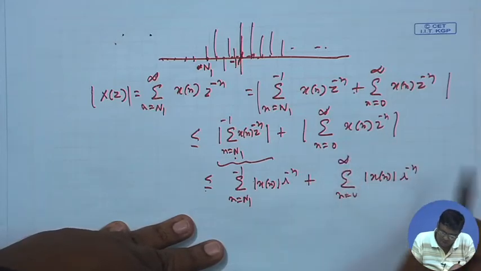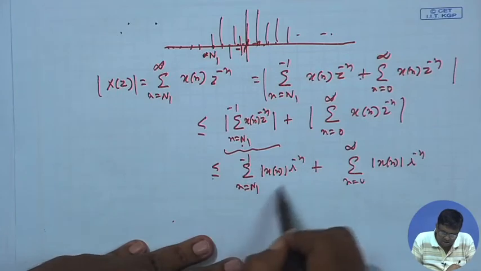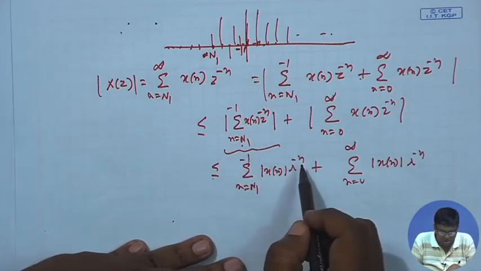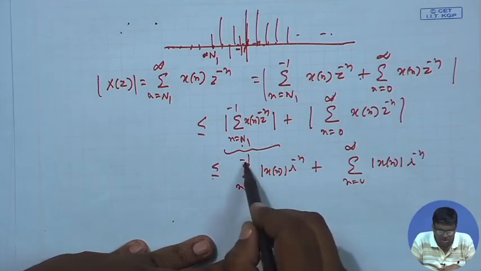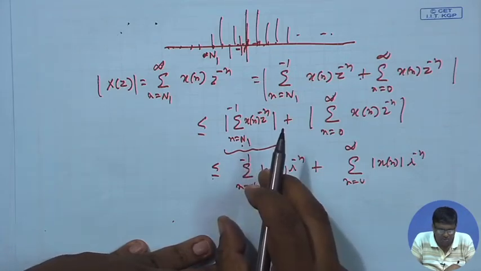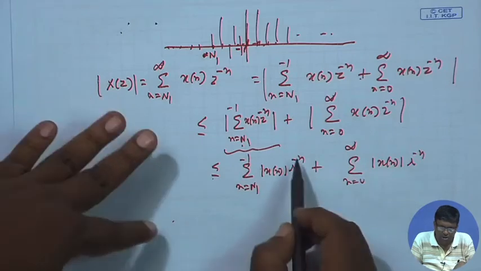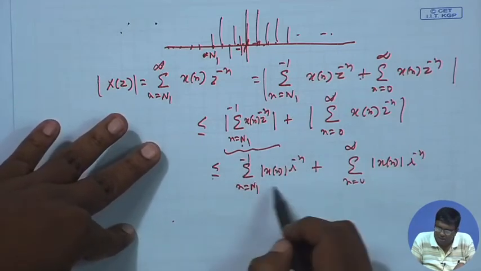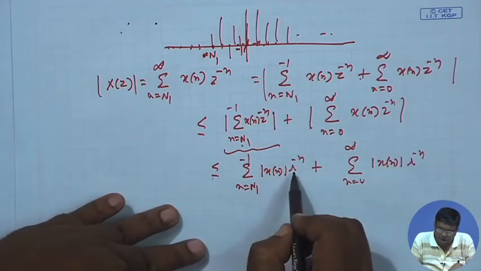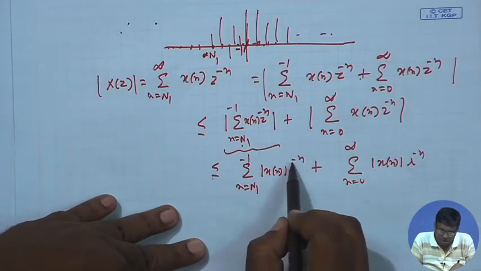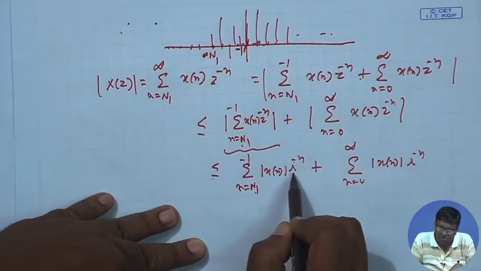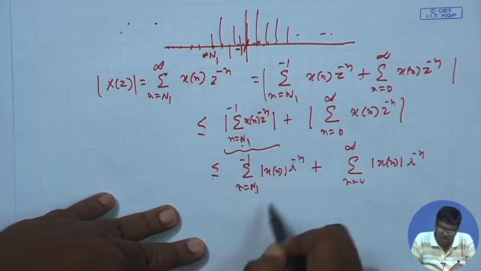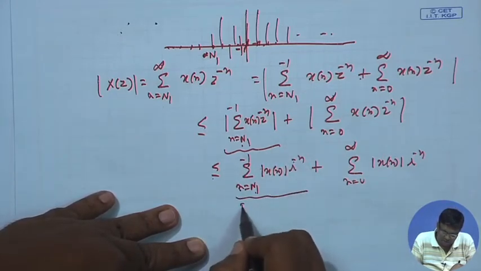This summation is always finite, like a finite duration sequence from n 1 to minus 1, with only a finite number of points. So, this will always exist for any r except for r equal to infinity, because n is taking negative values here. So, r infinity means it will diverge. So, this is converging everywhere.